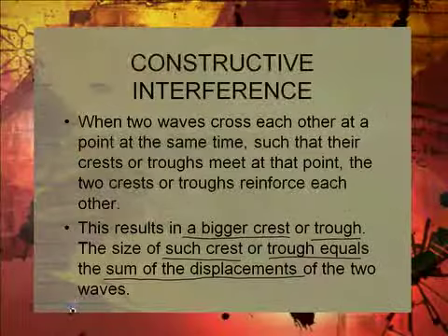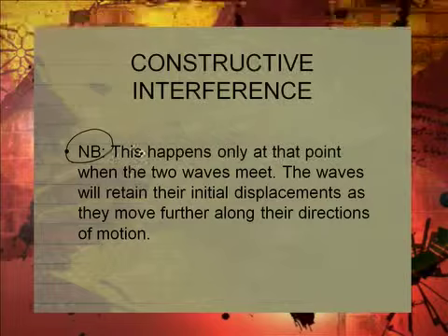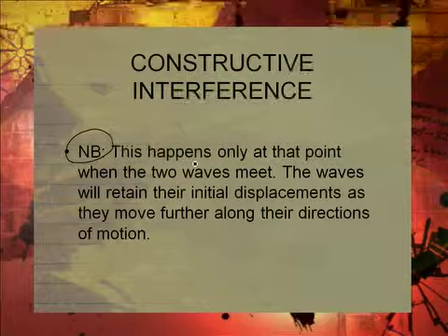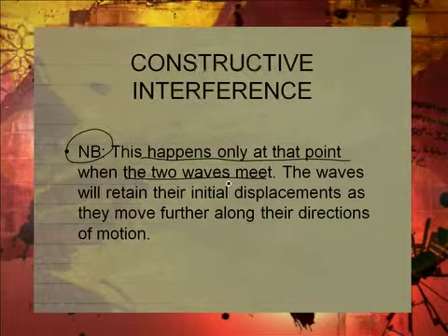Now, we also need to note this, that when this constructive interference has happened because the waves met at that point, it would happen only at that point when the two waves meet.